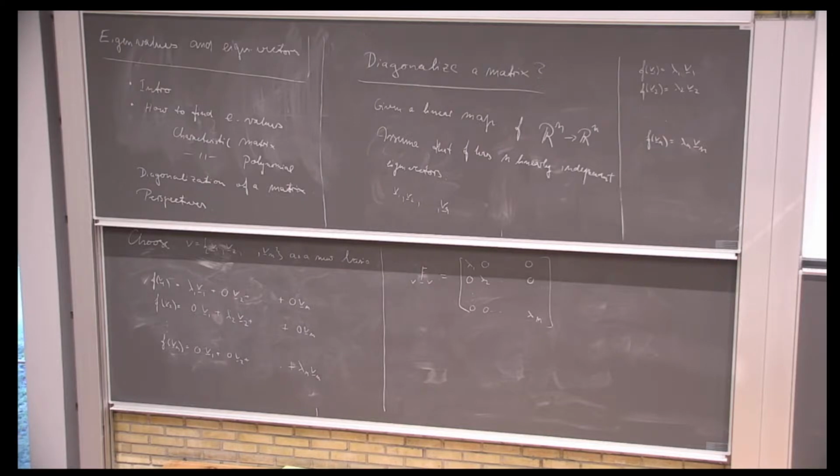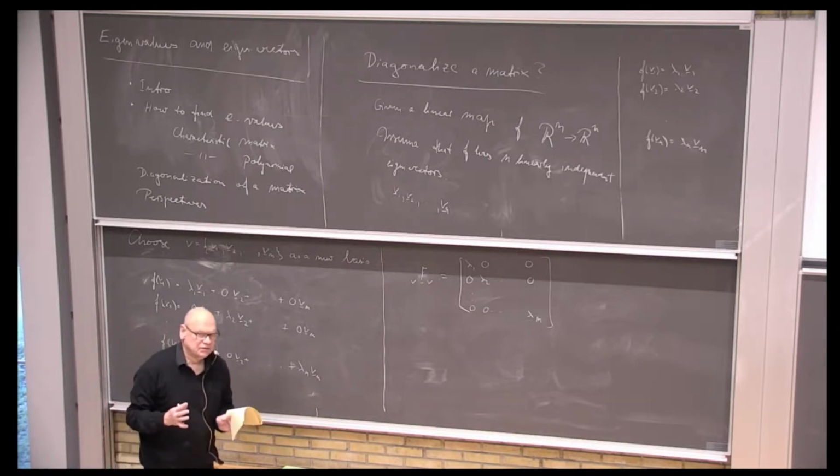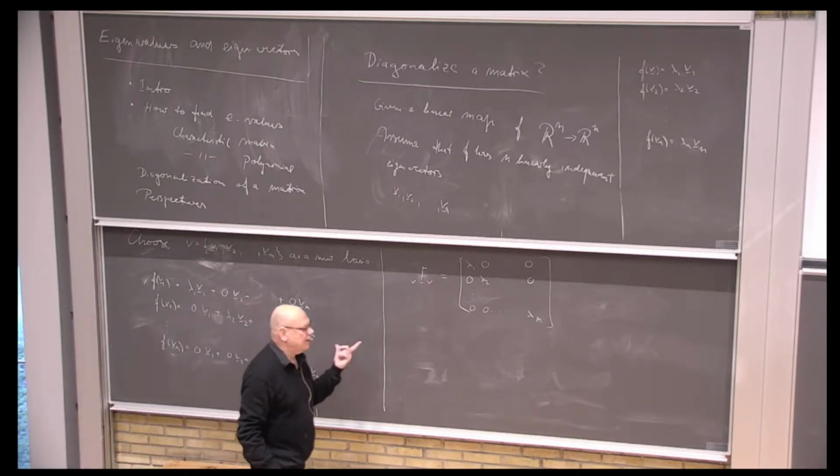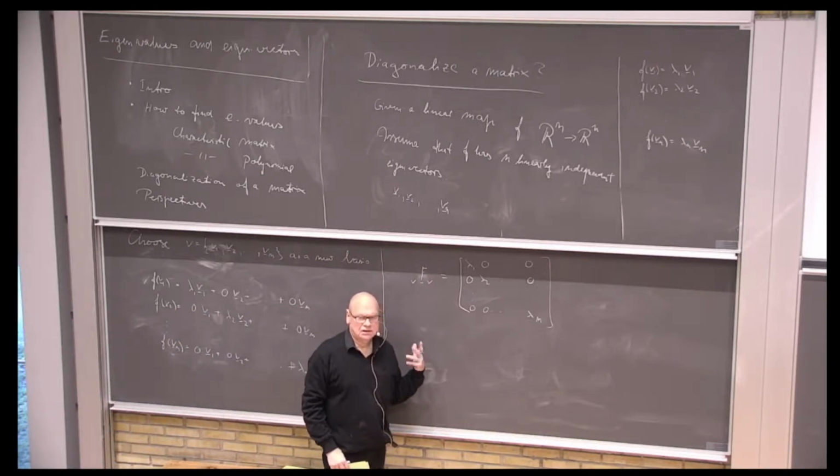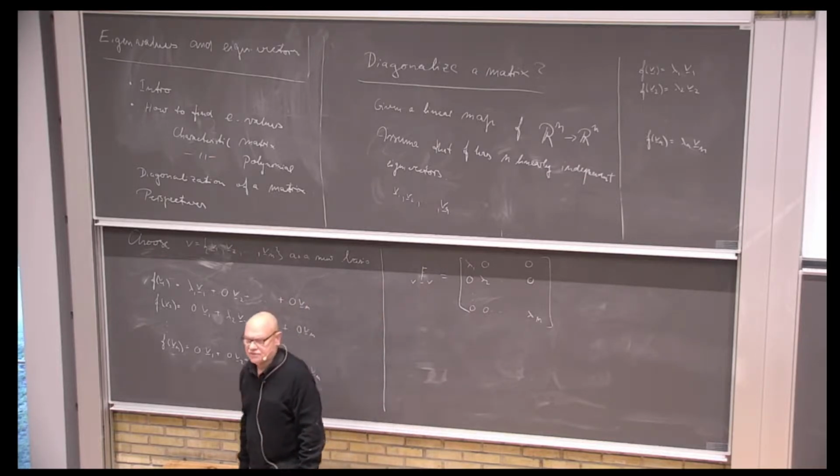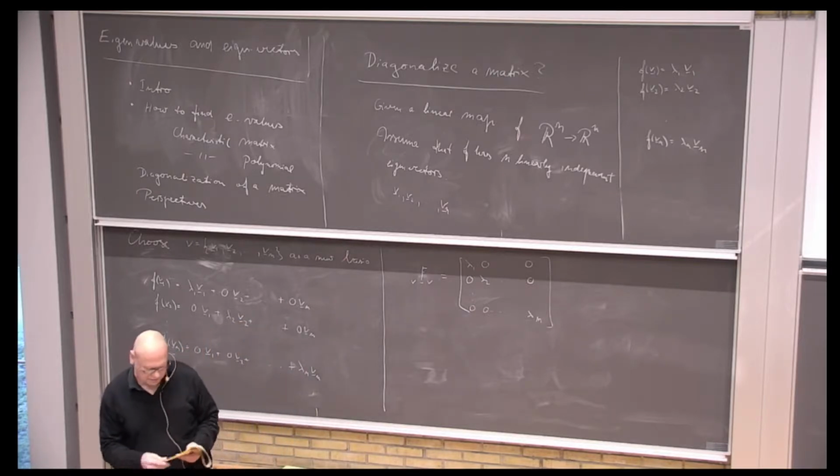Now, normally, if you're looking at a given mapping matrix, you are not in the eigenbasis, but you are, say, in the ordinary basis or some other basis. To get to the eigenbasis, you have to shift basis, or change the base.